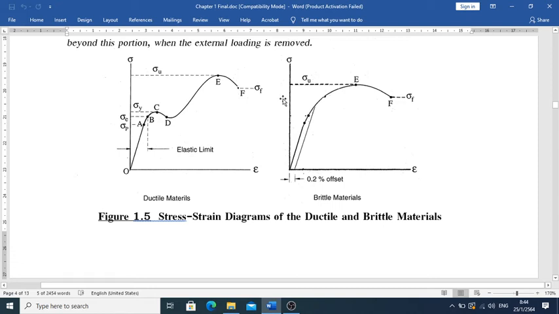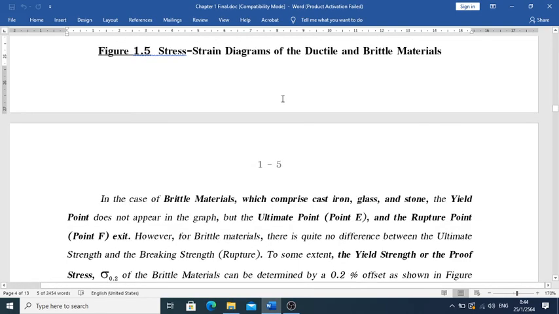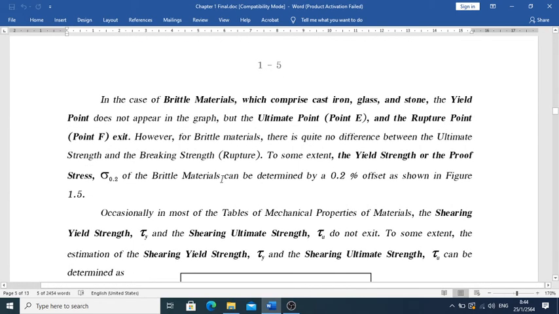This is what we estimate, sigma y rather than sigma u, for brittle materials. So this is what I explained for sigma y and sigma u for the brittle material and the ductile material respectively.